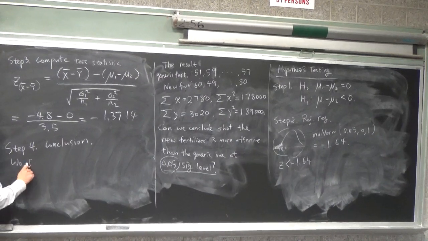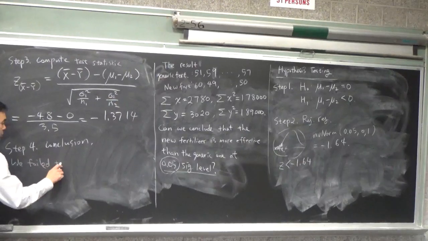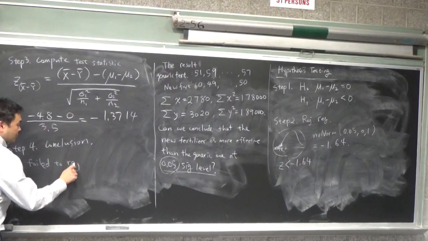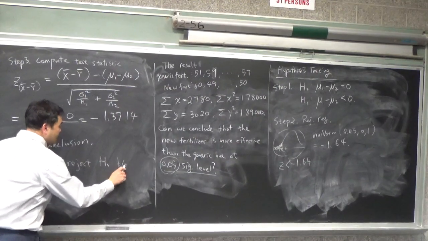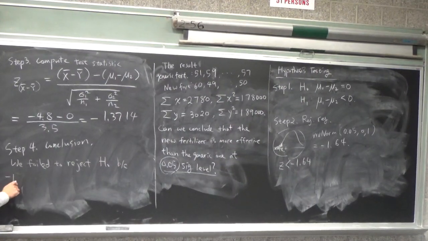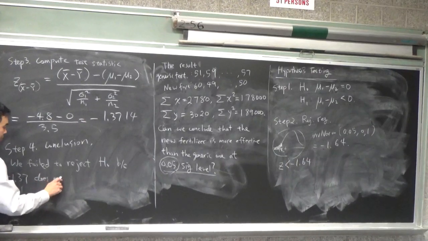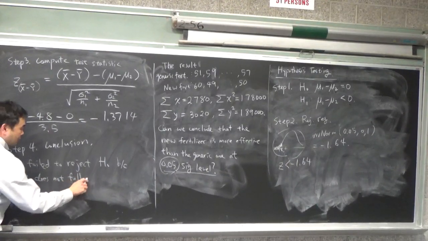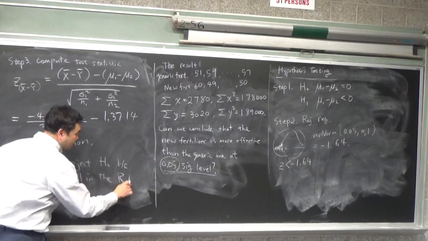we failed to reject the null hypothesis because negative 1.37 does not fall into the rejection region.